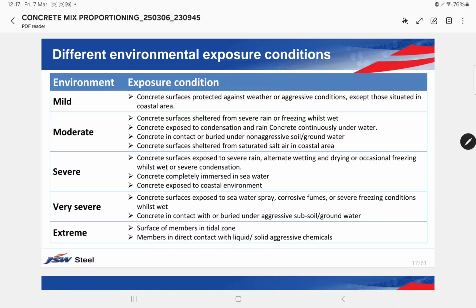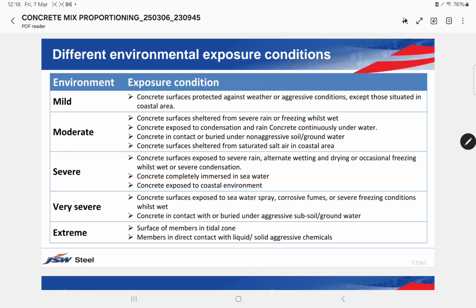Different environmental exposure conditions. This is the most important thing. Whenever someone approaches you to design a mix, the very first thing you need to understand is what type of structure they are building, and most importantly, where the structure will be situated.